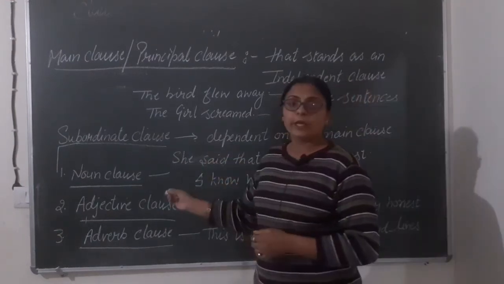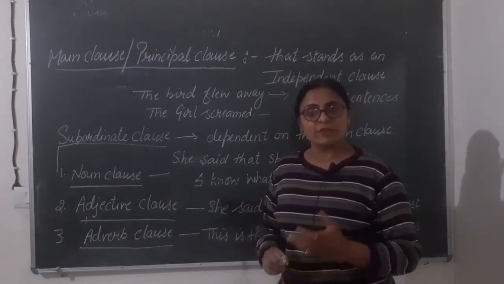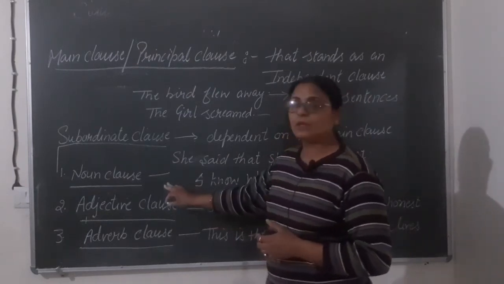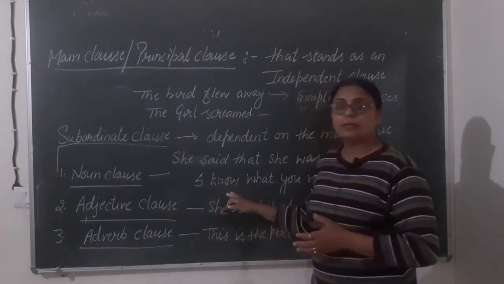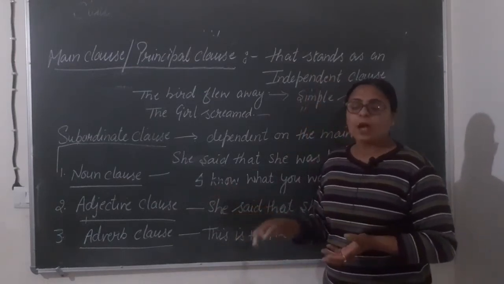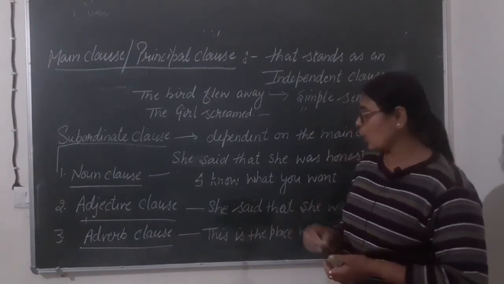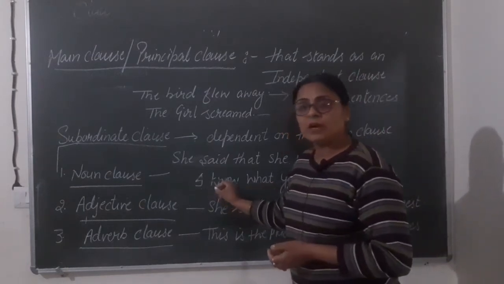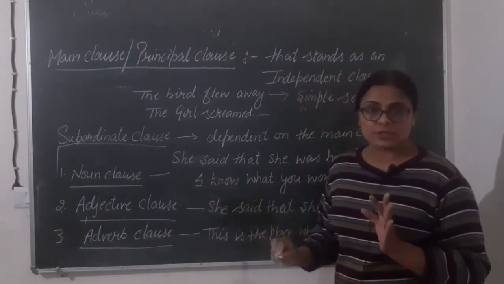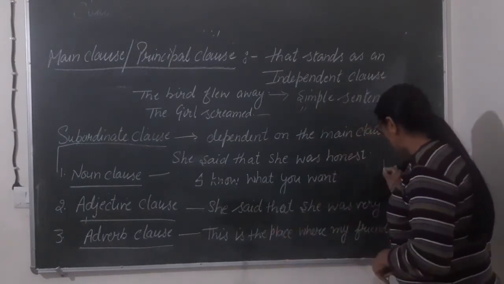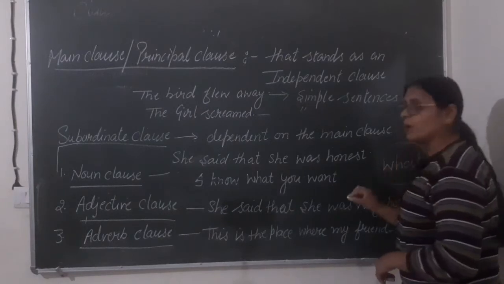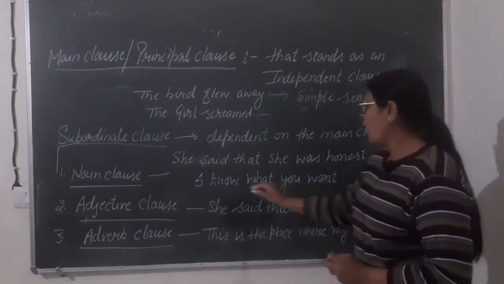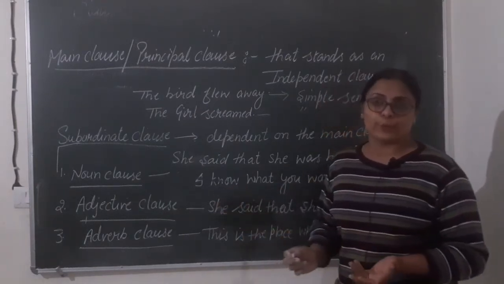Fine. In the subordinate clause we also have three types. First is the noun clause. A noun clause works like a noun only. How will we identify that it is a noun? It will give us the answer of what. Means the question itself will give the answer of what here. How? I know what I know.